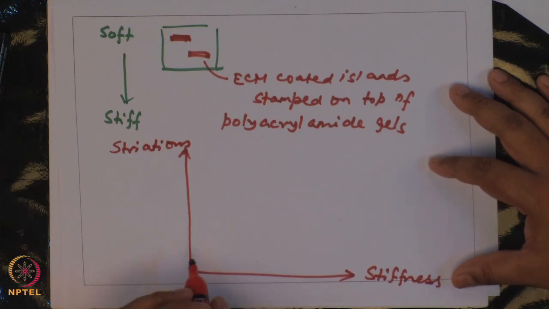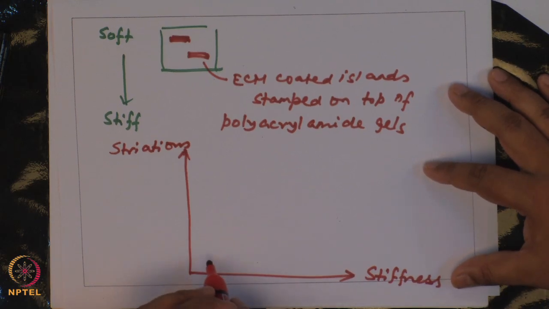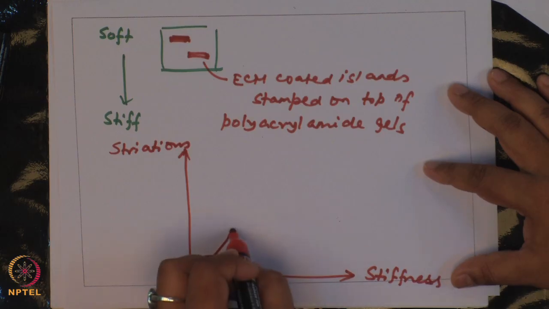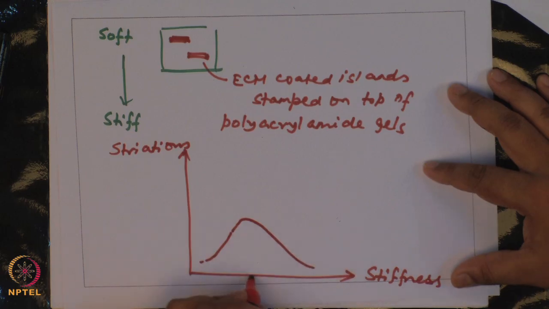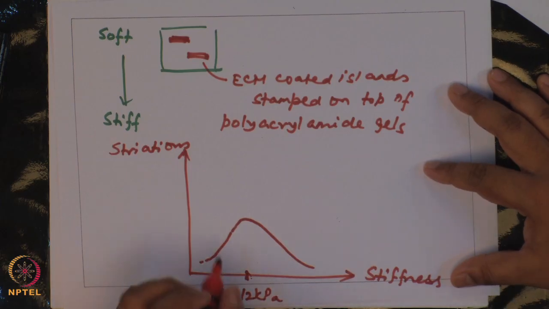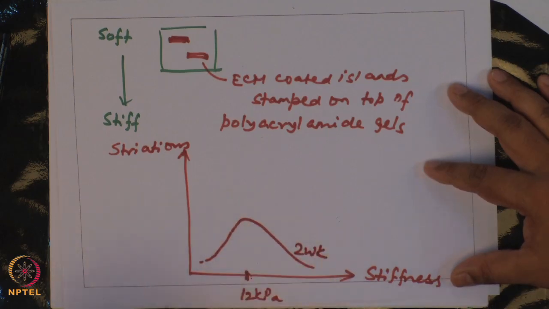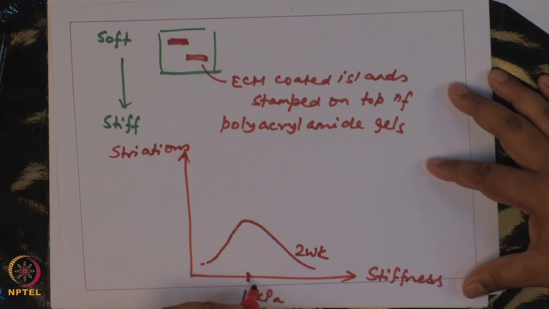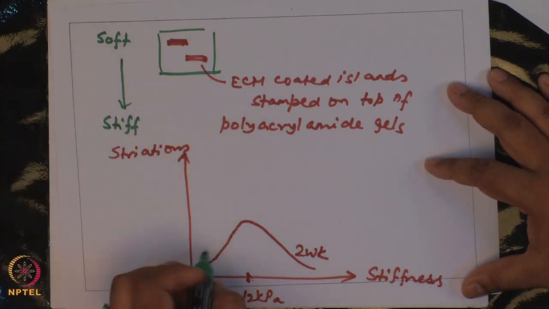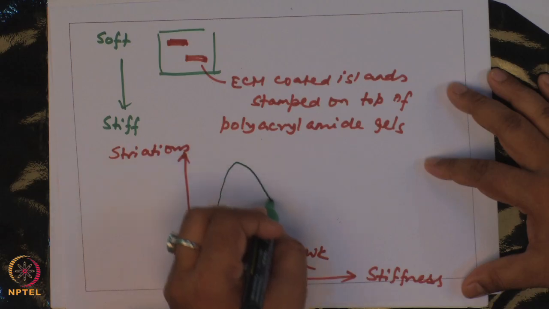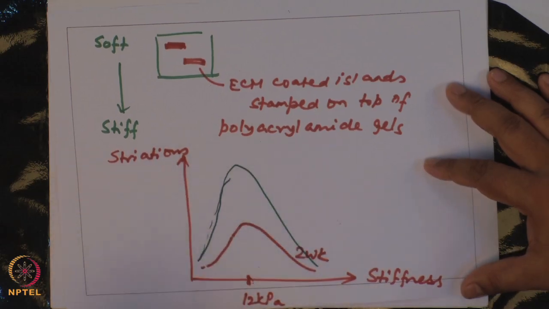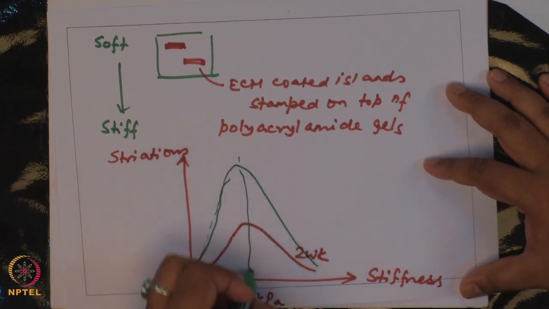What they observed was as a function of stiffness, at early time points these cells exhibited a peak at a 2-week time point, on gels which were roughly 12 kilopascal in stiffness. And as time went on, the differentiation profile grew even more prominent, but the position of the peak remained unchanged.